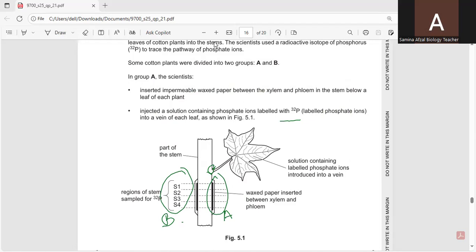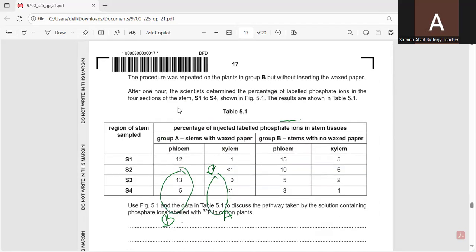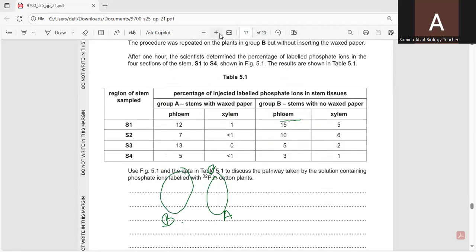So moving towards the next page. The procedure was repeated on plant group B without inserting the waxed paper. After 1 hour, the scientists determined the percentage of labeled phosphate ions in the 4 sections of the stem, S1 to S4.